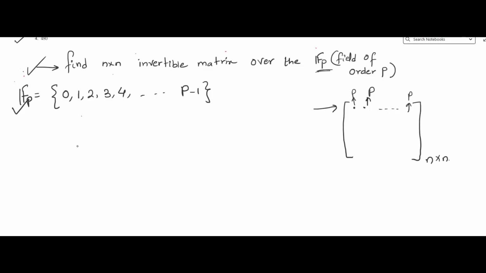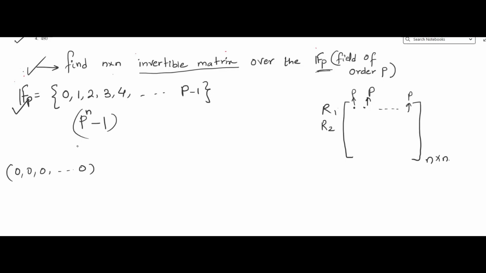So total choices for the first row will be p raised to n, but among all these choices there will be one where all the entries are 0. That we don't want, because we want an invertible matrix. If any row of a square matrix is 0, that matrix can't be invertible. So from p raised to n choices, I'll remove that. So this is the first row.